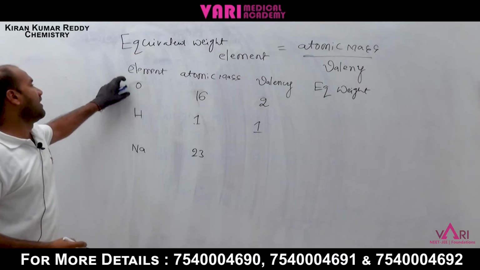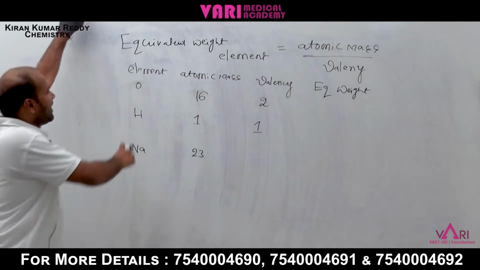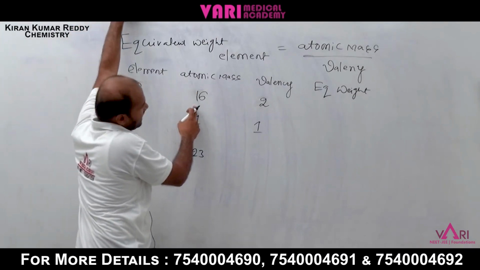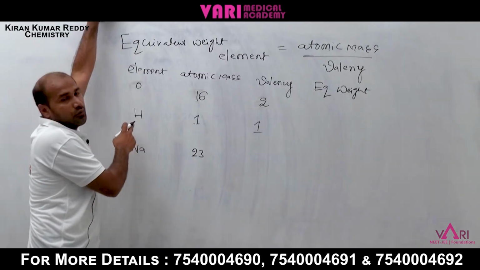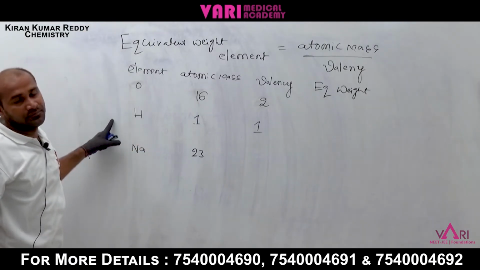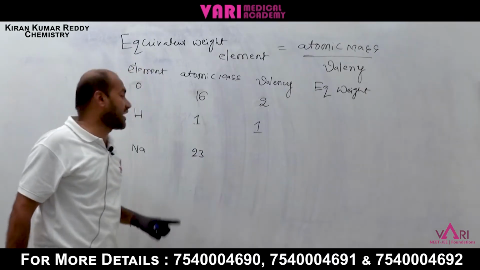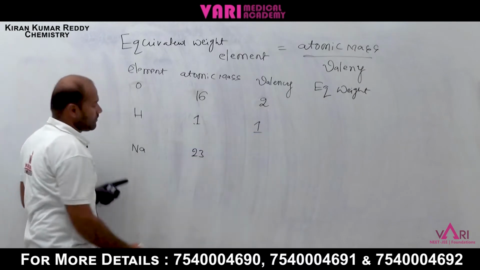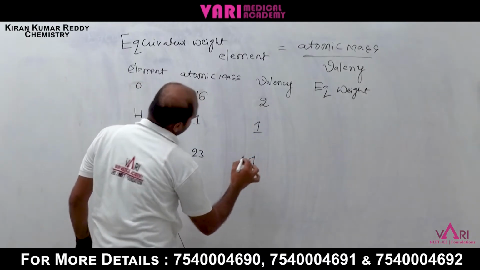Hydrogen, lithium, sodium, potassium, rubidium, cesium, francium are the first group elements. Sodium 23, here also valency 1.